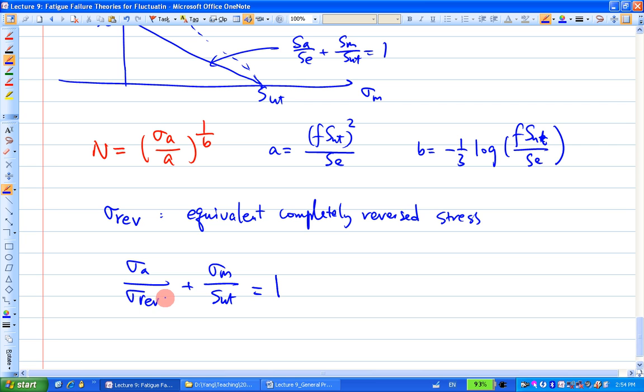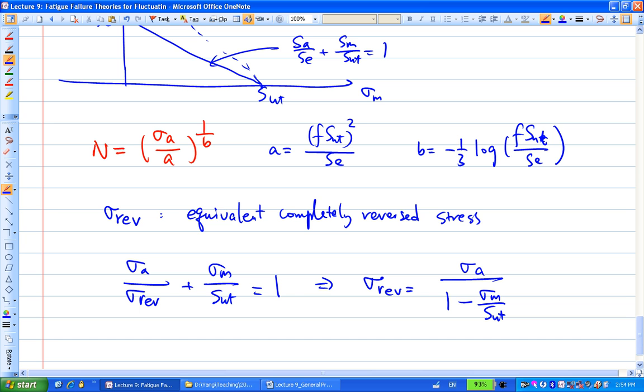Solving for the sigma REV, what's that going to give us? I just want to be careful not to write it wrong here. So sigma REV equals sigma A over 1 minus sigma M over SUT.